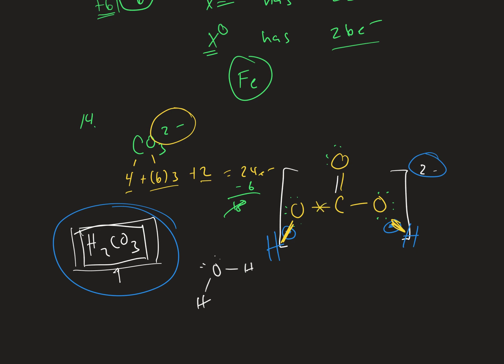Does that make sense? Well, this is a nonmetal too. But since this is a polyatomic ion, this is also an ion. This is actually an acid. We haven't talked about acids. We'll get there today. Maybe.